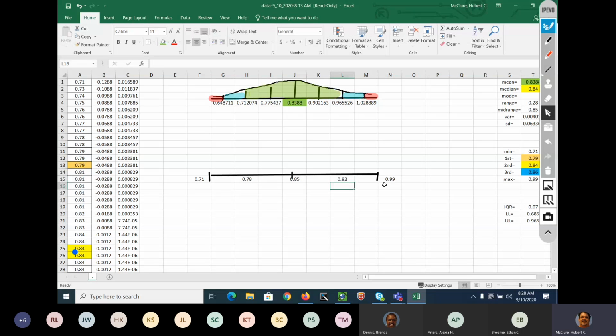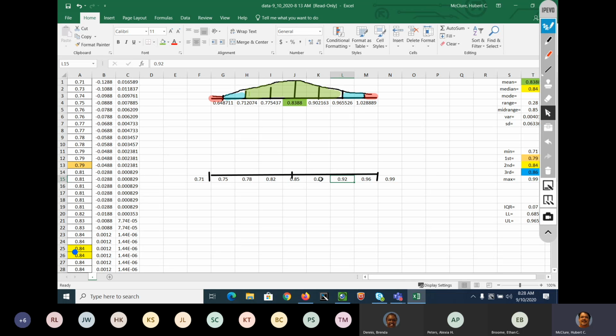I'm just finding the middle of the middle. Half of 8 is 4, so that's going to be 0.75. And that's going to be 0.82. And that's going to be 0.89. And that's going to be 0.96, something like that. Ain't got to be perfect.